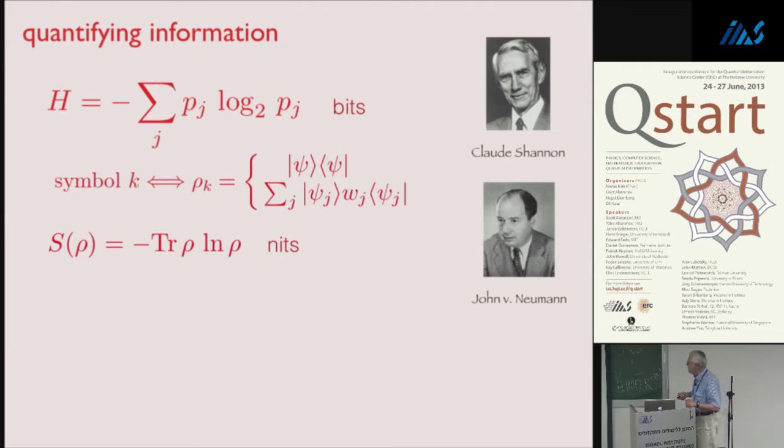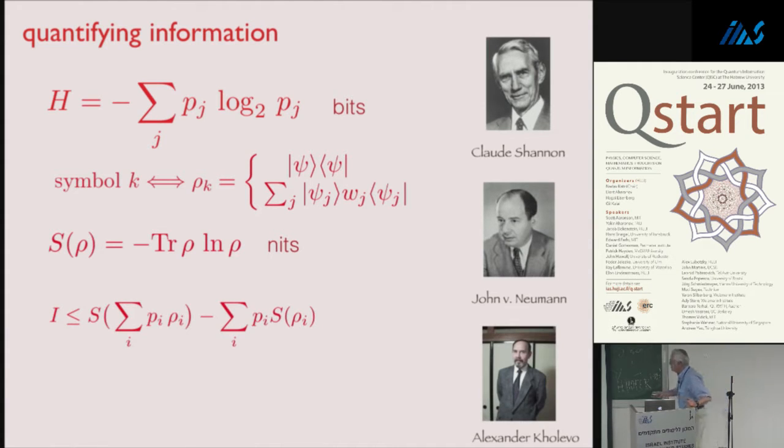Now, we have an important theorem by Holevo, which says that the available information in a memory, the mutual information between memory and the agent seeking the information, is bounded by this expression here.